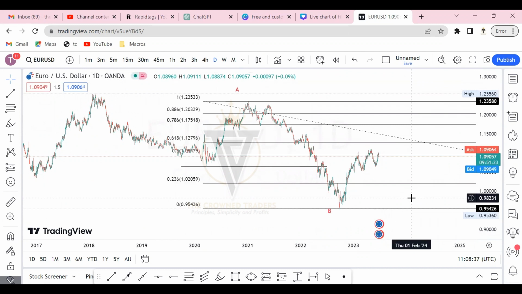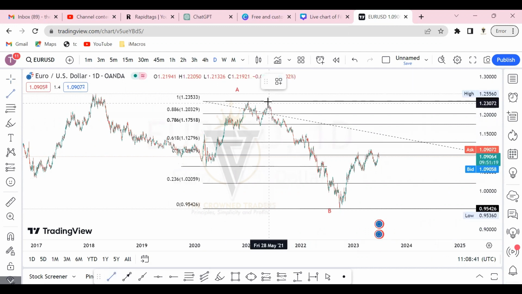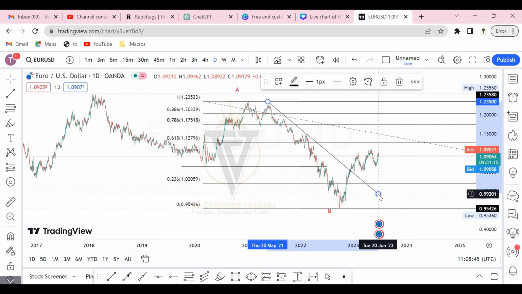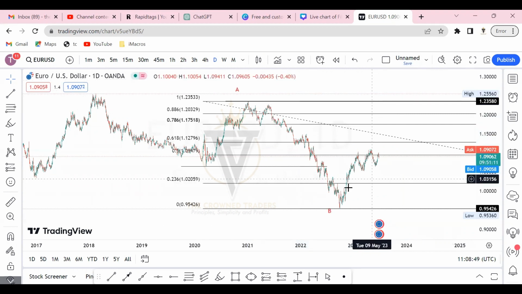As you can see, structurally on the daily time frame, the market was bearish, right? And our trend was broken on a lower time frame and started giving a bullish push to our monthly Fibonacci levels. So right now, what do you do?